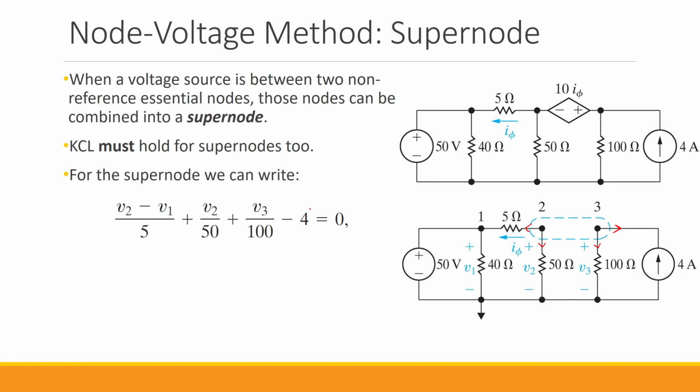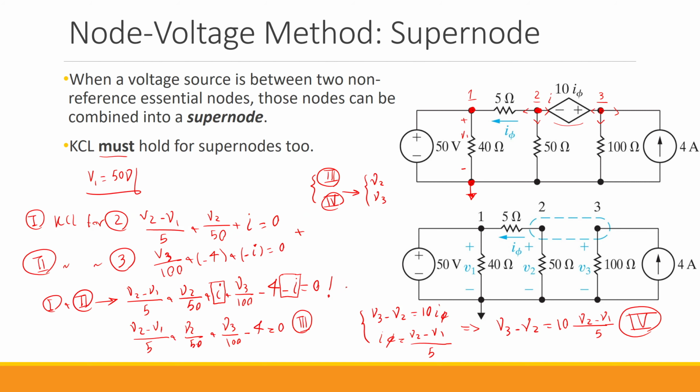As you can see, understanding how a supernode works can help us reduce the number of algebraic equations that we need to write. Even if you don't know that, following the procedure from the previous slide, you should get to the same conclusion, because if you look closely, this equation is the same equation that I wanted you to keep in mind.